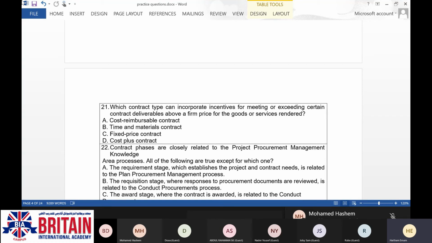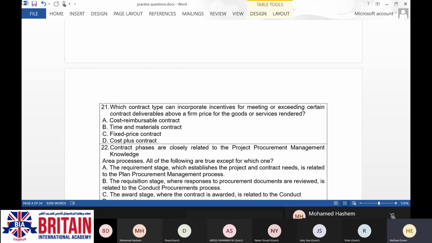If he finishes it within 6 months, he will be eligible only for the 500 KD. Or you have agreed with him on a certain quality level. If he meets this quality level, for sure he is going to be eligible for this 500 KD. Okay?